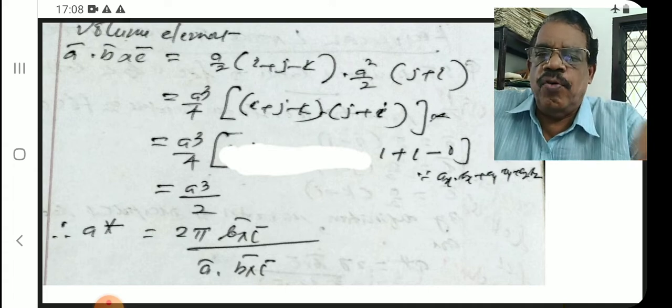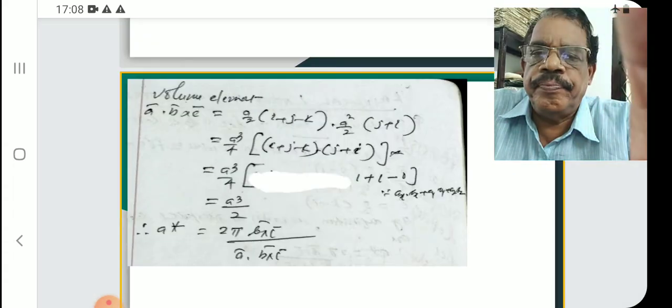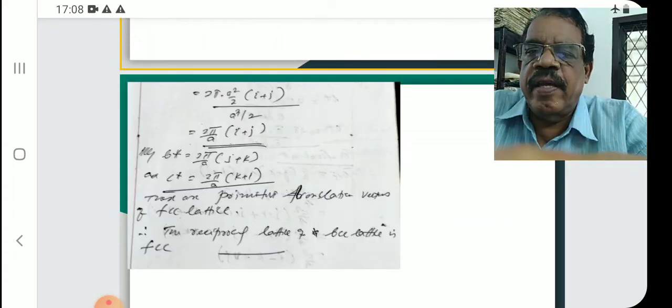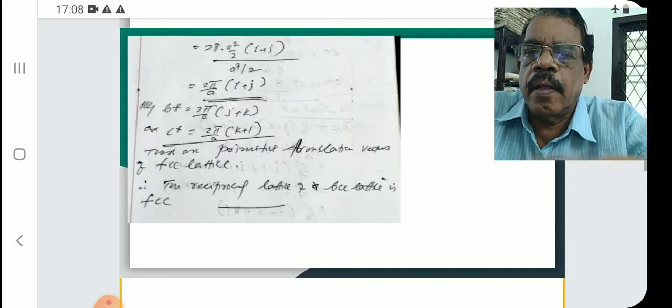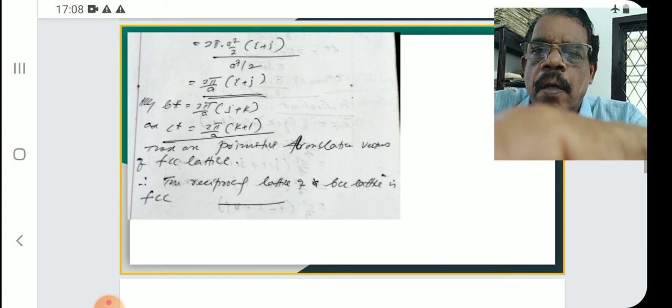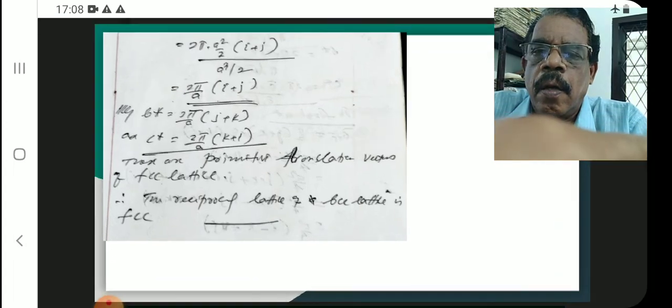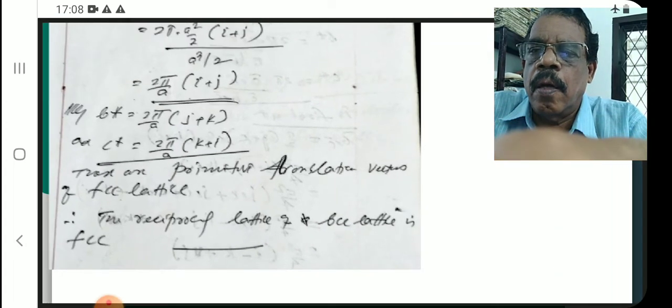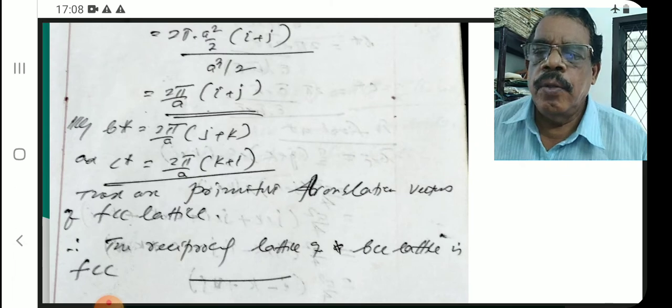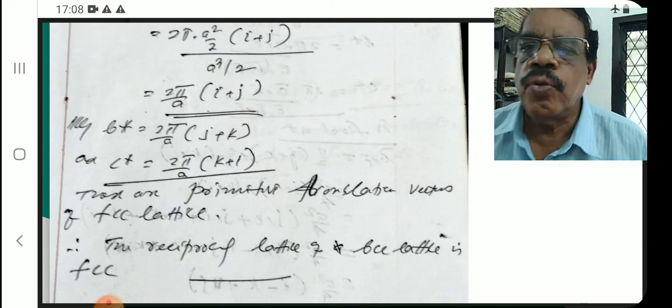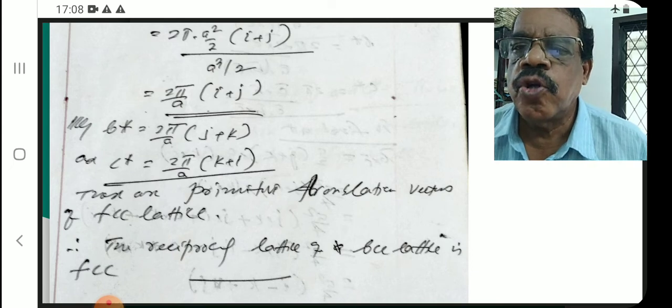We apply the formula. Then we get 2 pi into a square by 2 into i plus j by a cubed by 2.